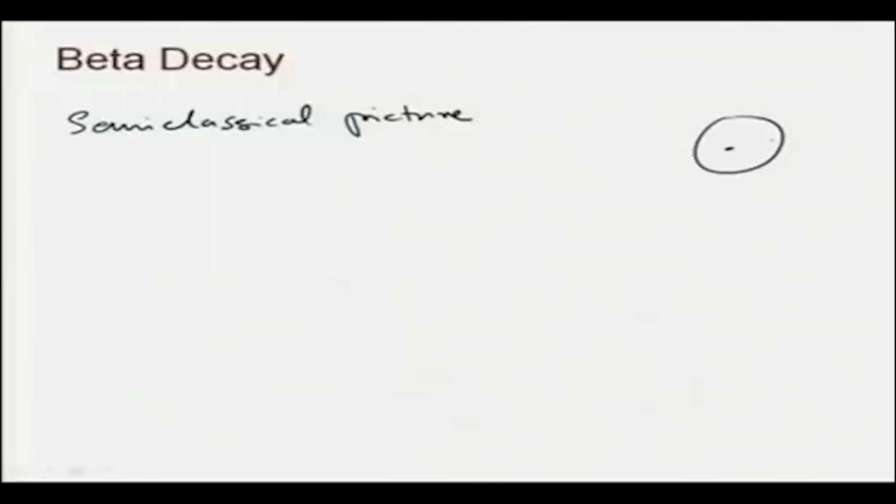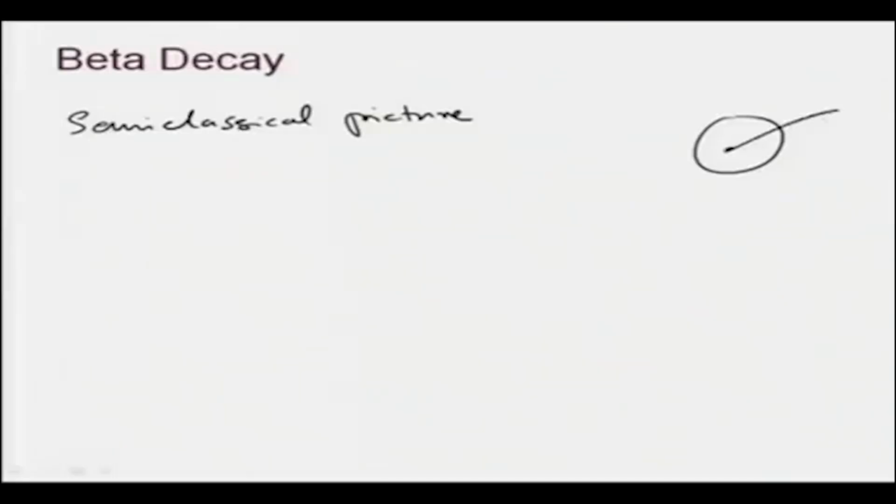When you consider the relative angular momentum of electron, we are talking about the r, the position coordinate of the electron. Let us say this is the case, consider this to be the center and electrons are emitted from the nucleus like this.